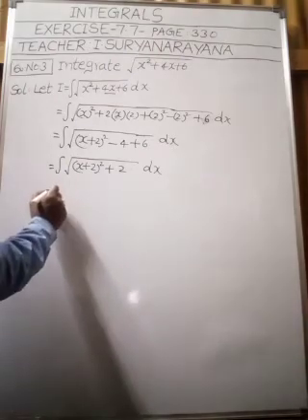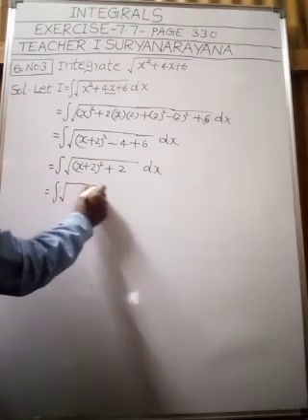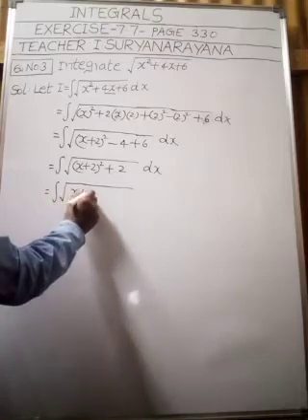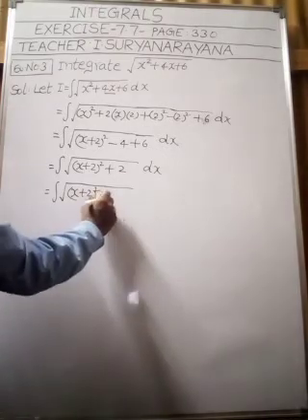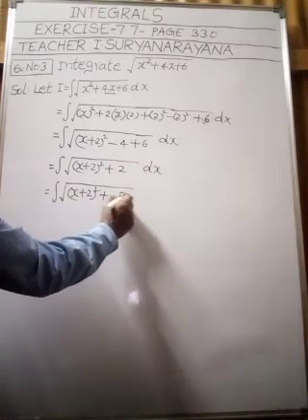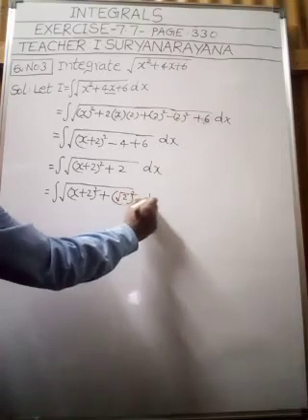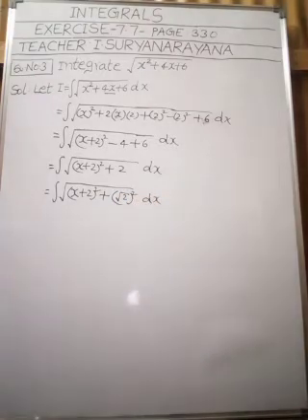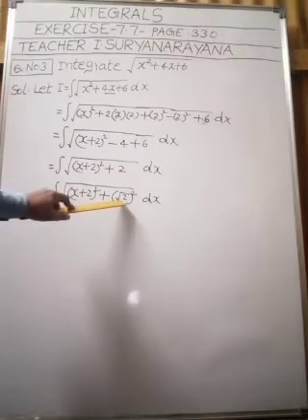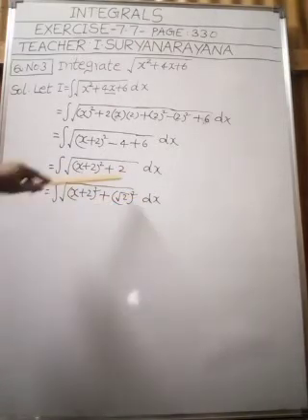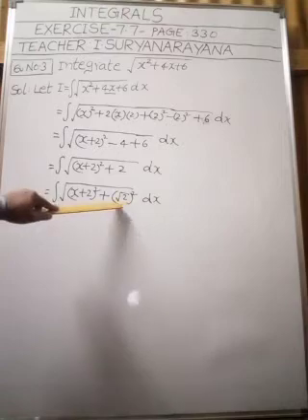So, integral square root of x plus 2 whole square plus, how can you write this 2 as a square of some number? Root 2 whole square. This number 2 can be written as root 2 whole square. So we wrote this number as the square of some number.